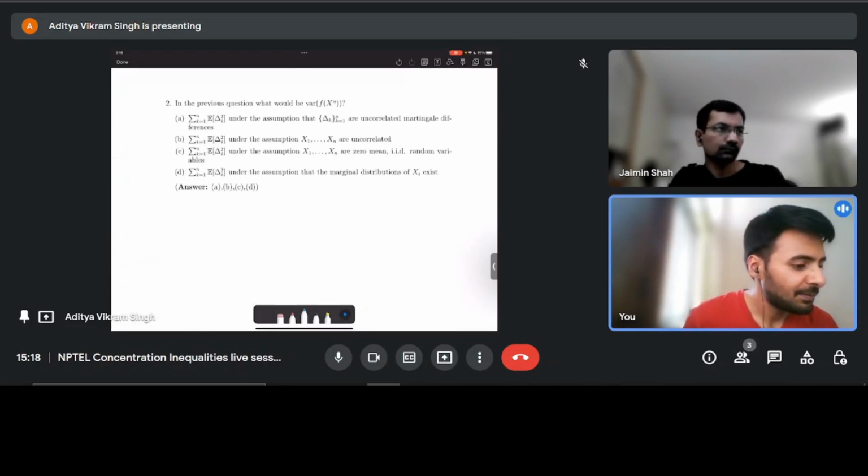Okay. So in the previous question, what would be the variance of f of xn? We saw this, the variance, in the Efron-Stein derivation.